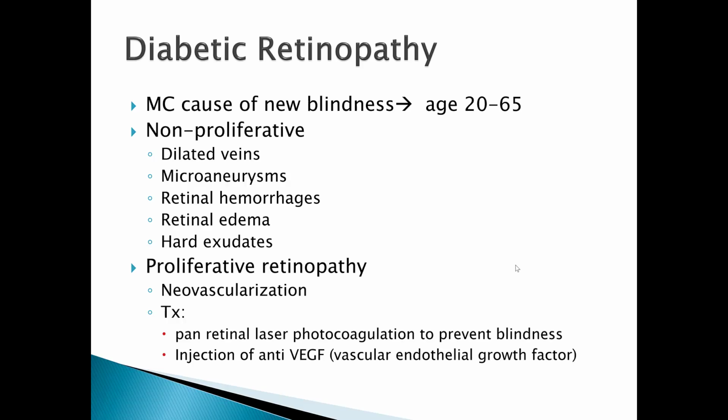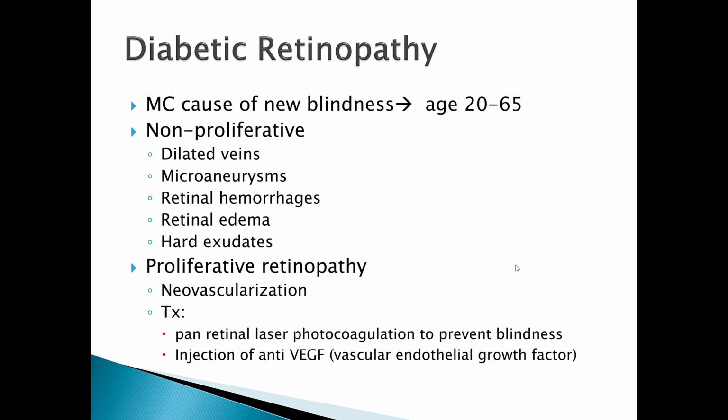So diabetic retinopathy and hypertensive retinopathy, again, as I said before, you could spend hours and hours and hours just on these two topics alone. The real big take-home thing that I want you guys to remember is when you're talking to your patients, especially if you're in an urgent care setting or a family practice setting, you need to ask your diabetics and your hypertensives, when was the last time you went to the eye doctor and you had a visual screening, which includes dilation of the eyes?